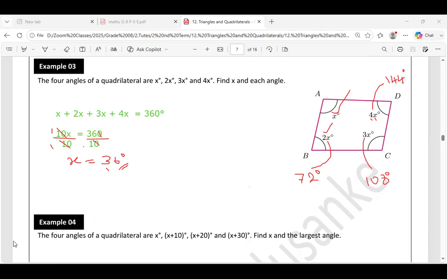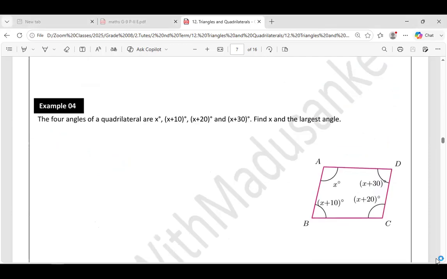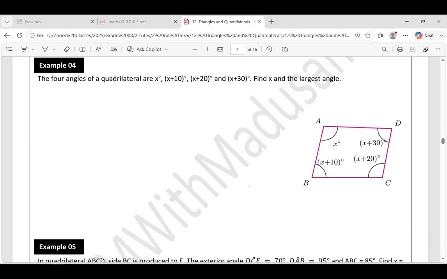Right. Okay, I'm going to share the screen. For example number 4 and example number 5, I will discuss them on the board. Try to do example number 4 and example number 5 and send me the answers. Just send me the answer for the x value only. Here x, and in example number 5, what is x? That's it.